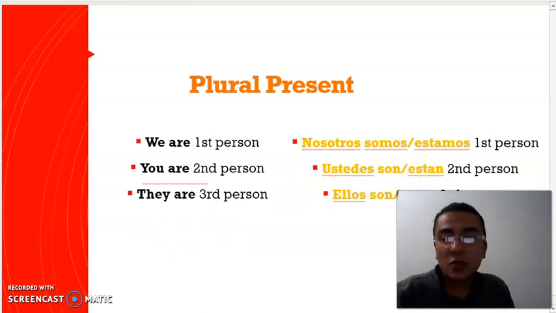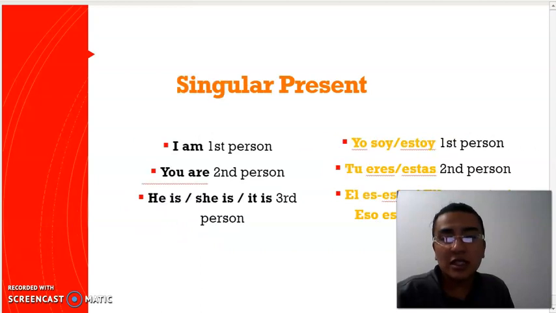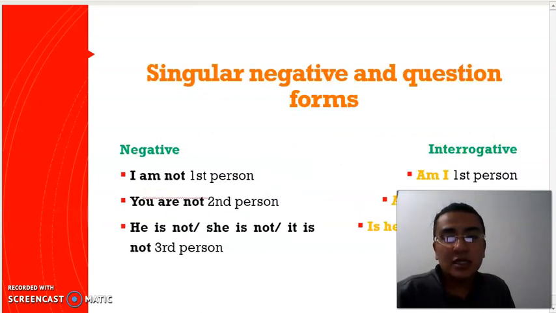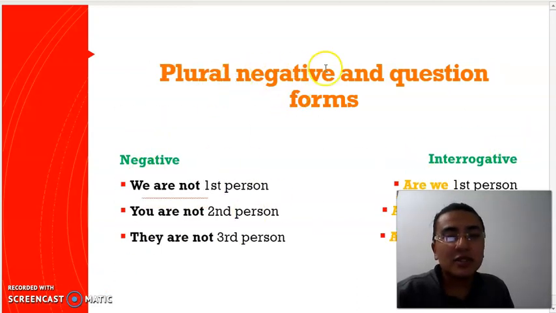So far we have seen singular and plural form. Singular negative form and interrogative form. But what about the plural negative and the question form? Well, it's actually the same as the singular. We say we are not, you are not, and they are not. And for interrogative, we're gonna say are we, are you, or are they?